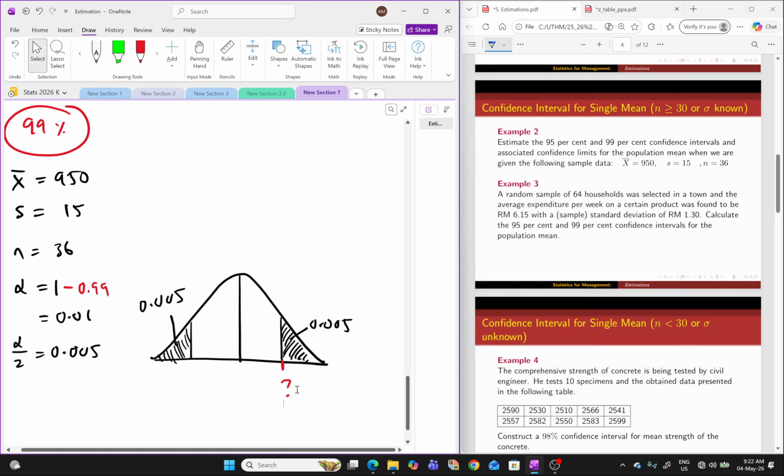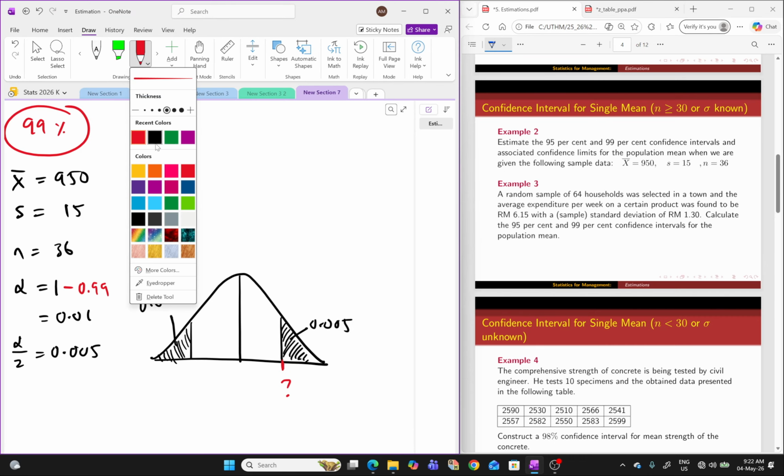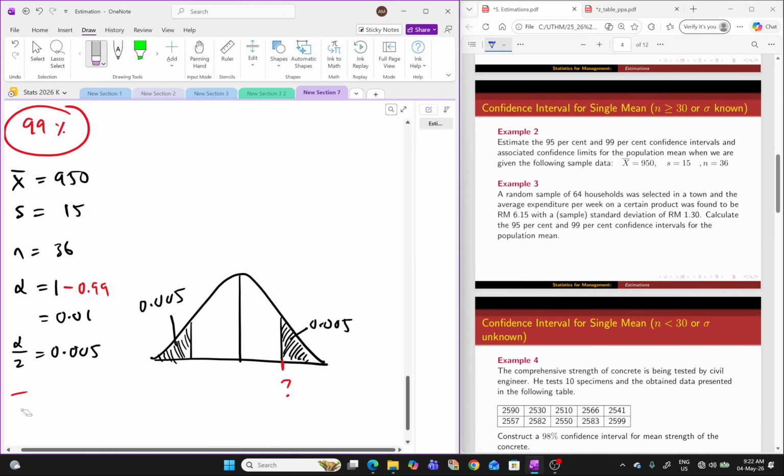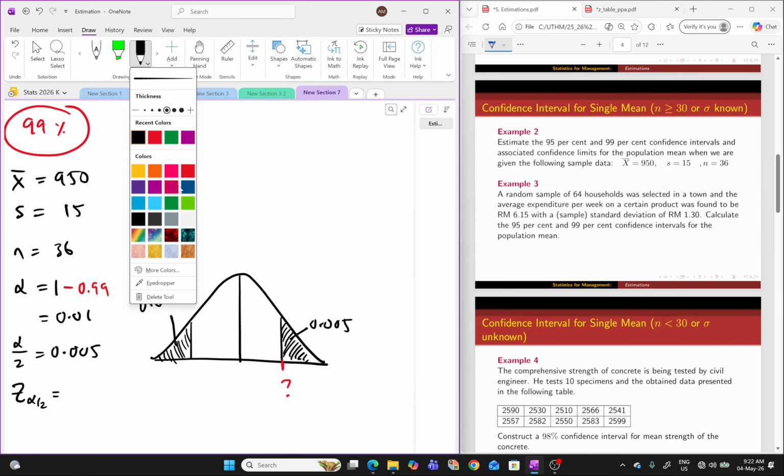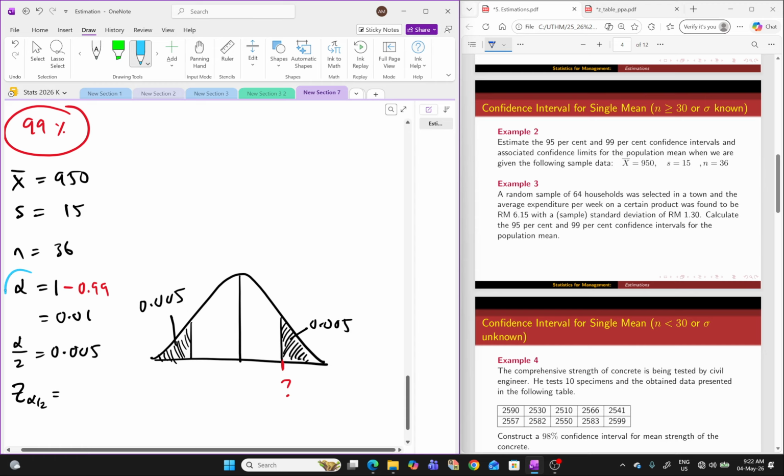Let me know what is this value. We call this as critical value. Okay, this one is known as critical value. This is known as significant level.